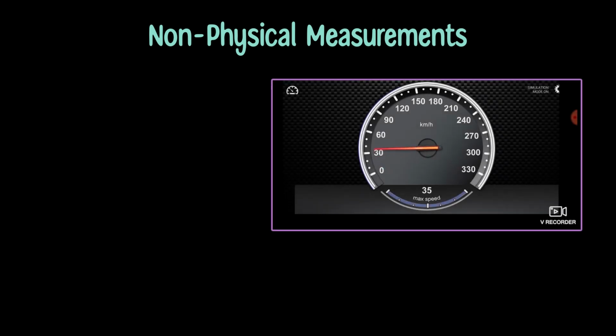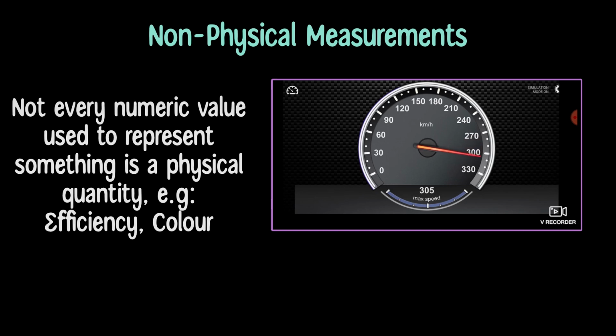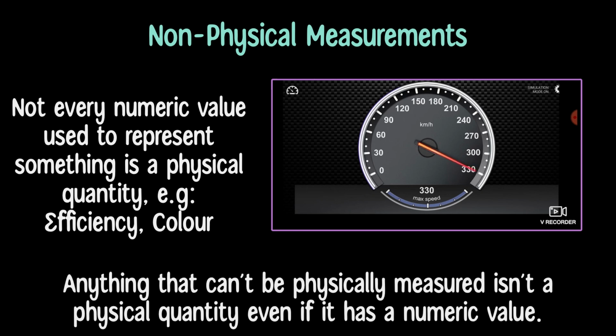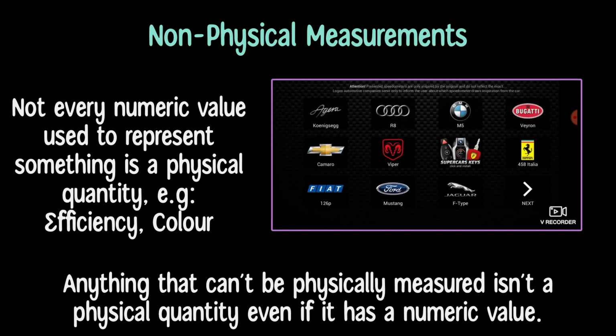So, does this mean that any numeric quantity or statistic used is a physical quantity? Are efficiency or color codes also physical quantities? Well, no. Being numerical alone doesn't make a statistic or depiction a physical quantity. It's only values that can be physically measured that are defined as physical quantities. So, for example, length is a physical quantity because we can measure it using instruments such as measuring tapes.